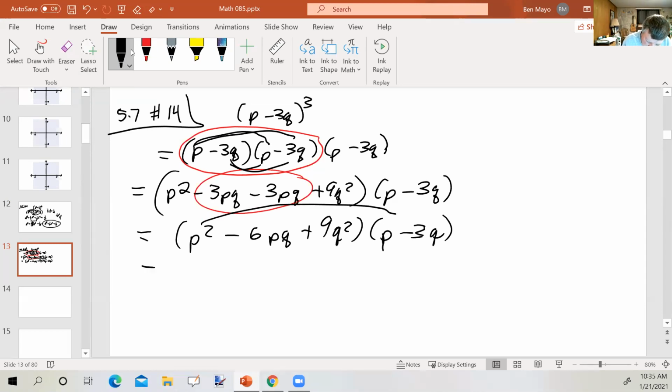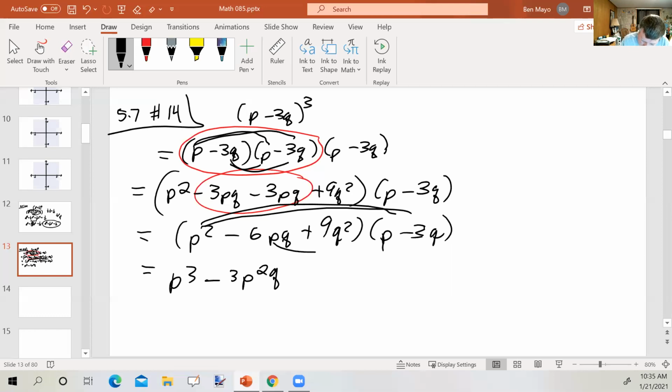p squared times p is p cubed. p squared times minus 3q would be minus 3p squared q. Notice that within each term, I put the variables in alphabetical order. What that does is make it easier to identify like terms.